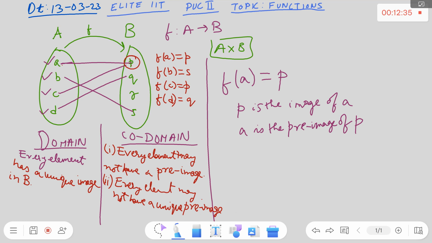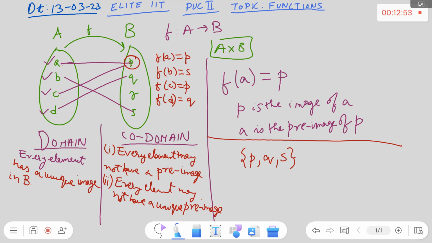Now, from the codomain set, which elements have images? P, Q and S, isn't it? R is not included in the function, R is not a pre-image. So this set is called the range of f.